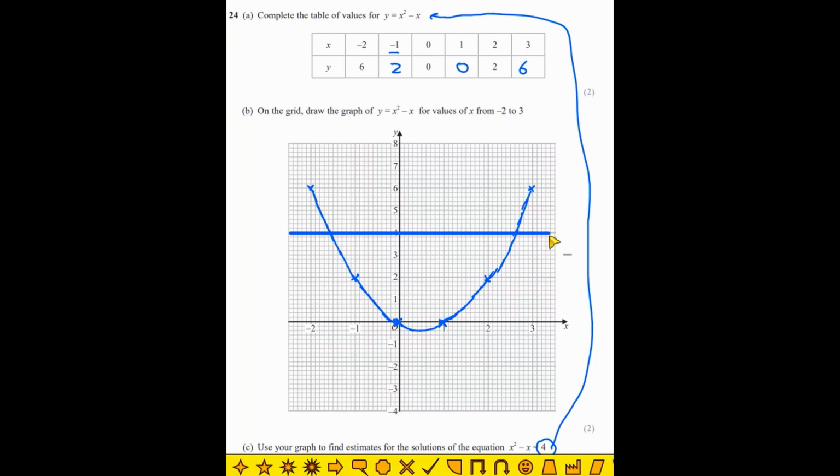Y equals 4. So we are looking at the points on the graph where our drawn graph meets y equals 4. So we are looking at here and here. Okay, and if I can just put those in red a little bit more accurately. Again, my graph is incredibly difficult to draw.